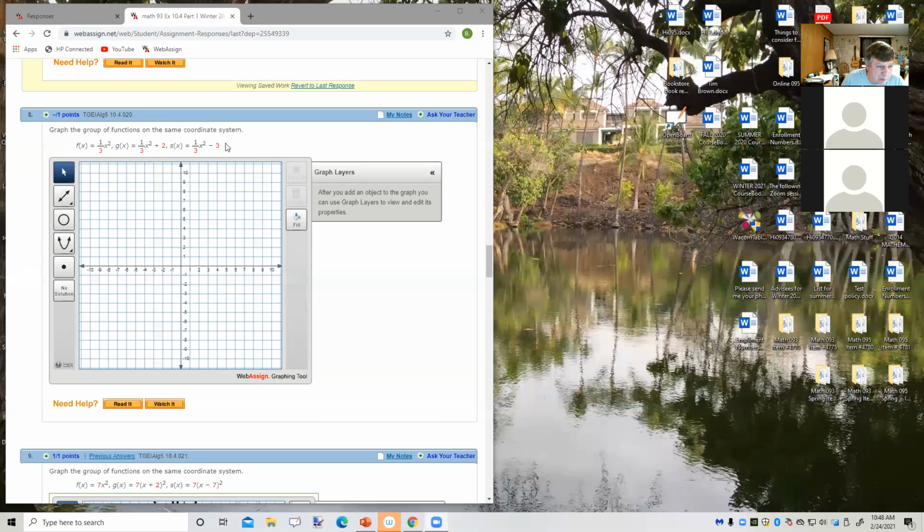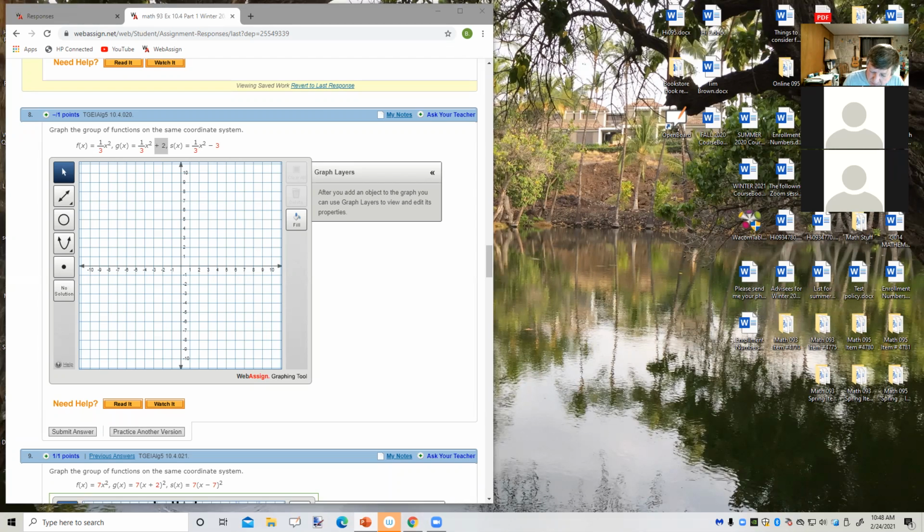And let's see, what was it? It was f of x equals 1/6 x squared. And then it was like g of x equals 1/6 x squared plus something. And s of x equals 1/6 x squared minus something. Do you happen to remember what the shifts were? Sorry, I didn't write them down. The shifts between the numbers? Or in other words, what was this number right here? So that number is the same. It's just 2. How about the next one?